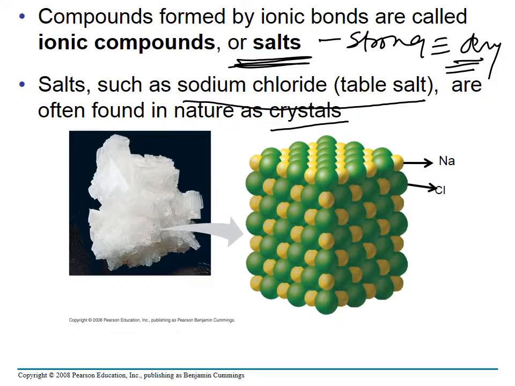It's very strong as long as it is in solid dry form. The minute you introduce water into this story, it changes the scenario. What happens is all those ionic bonds between the two are just lost. So the sodium ion goes one way, the chloride ion goes the other way. Both of them go their ways.